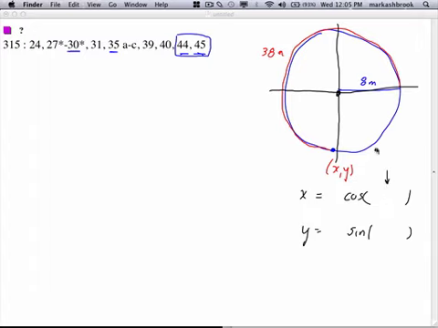Yeah, radians. And we know that radians are the number of radians, the measure of the angle. Okay, radians is the measure of the angle, and that value is the same as what?